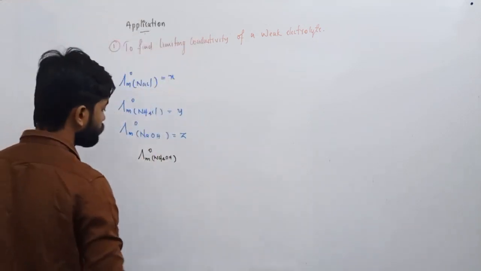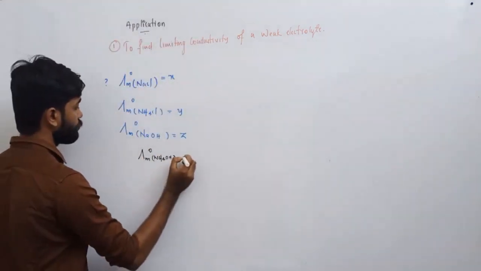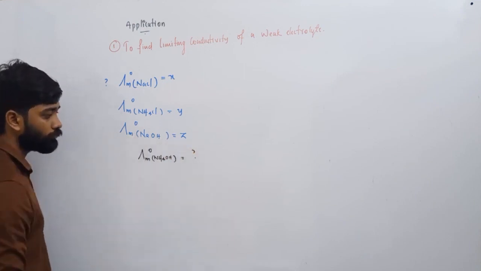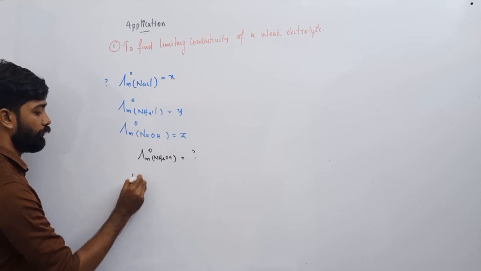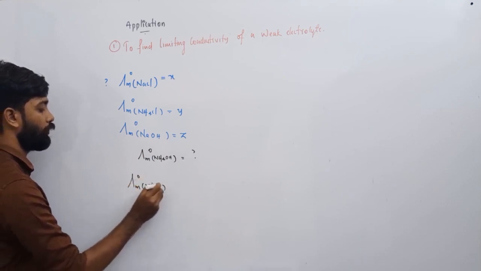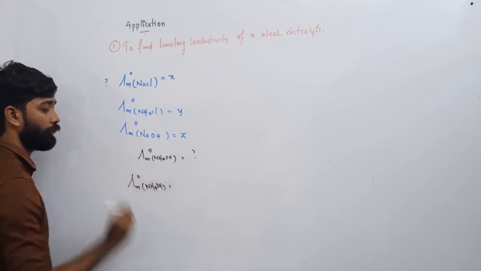How can we find it? It is very easy. This is the question. So we know that we want to find the limiting molar conductivity of ammonium hydroxide, a weak electrolyte, right?